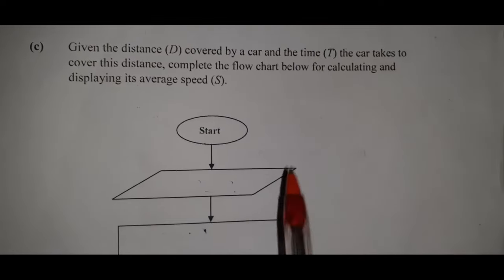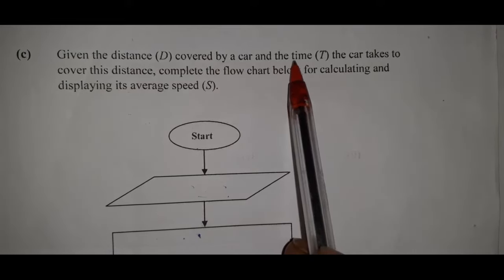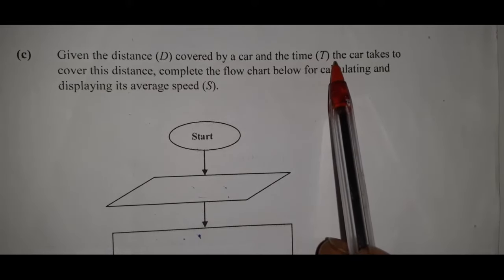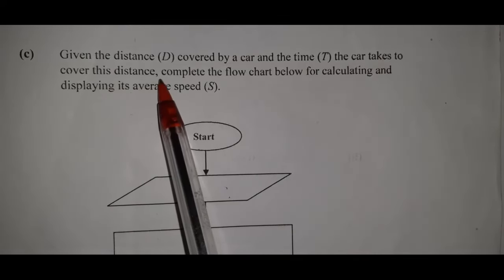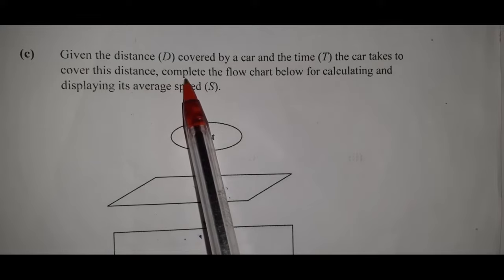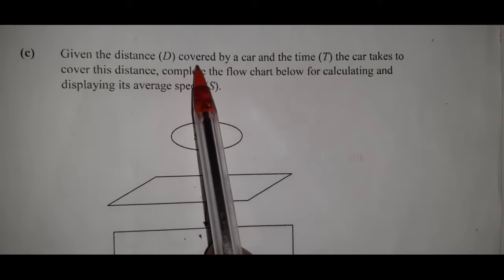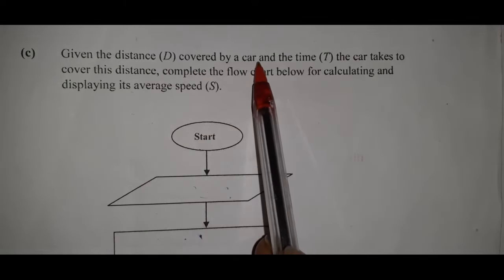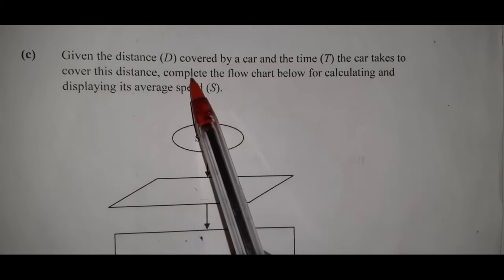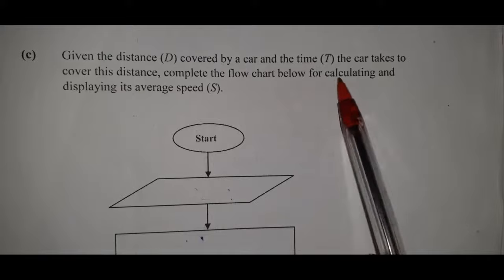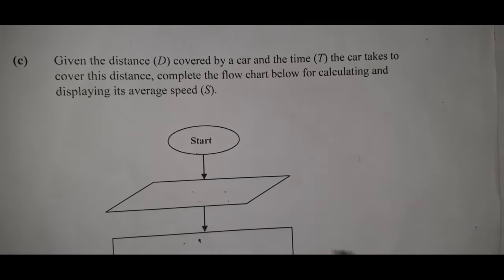And here now we have, given the distance d covered by a car and the time the car takes to cover this distance, complete the flowchart below for calculating and displaying its average speed.